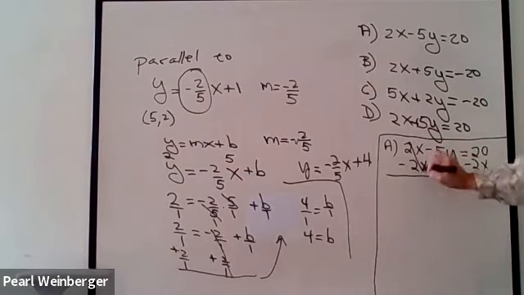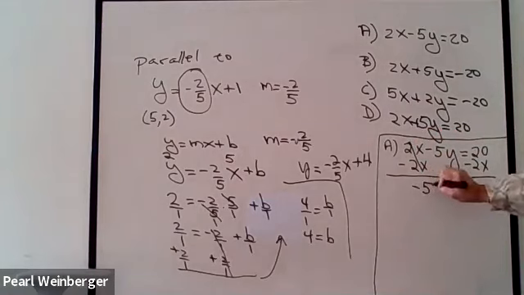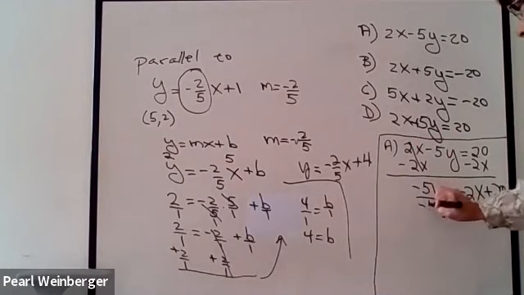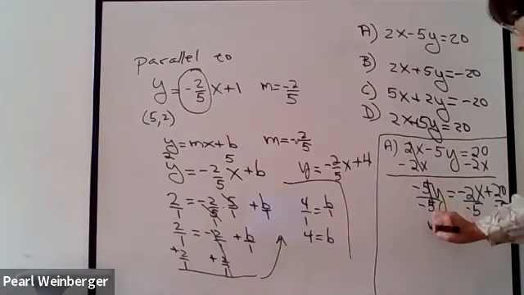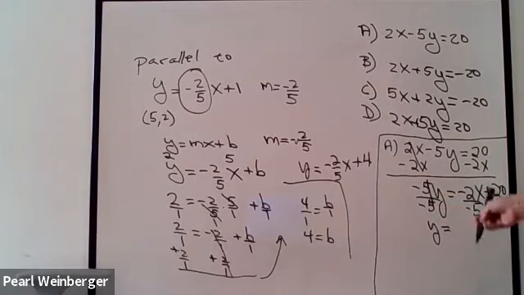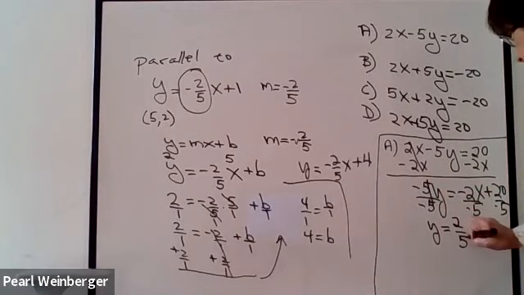That will give me negative 5y equals negative 2x plus 20. And then I'd have to divide everything by negative 5. And when I do that, I get y equals, well, negative over negative is positive, 2/5 x. And 20 divided by negative 5 is negative 4.